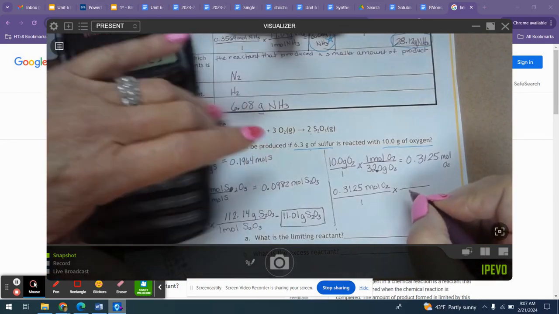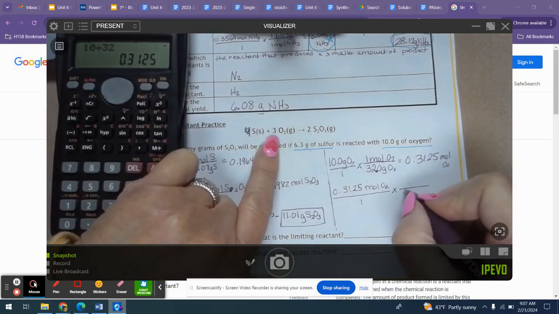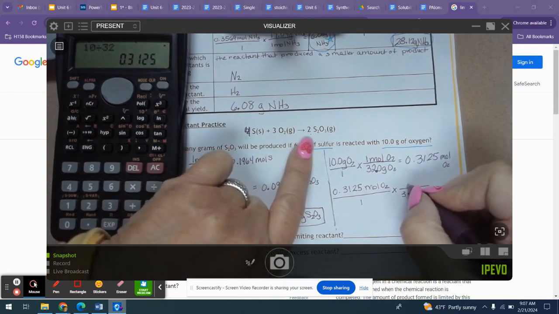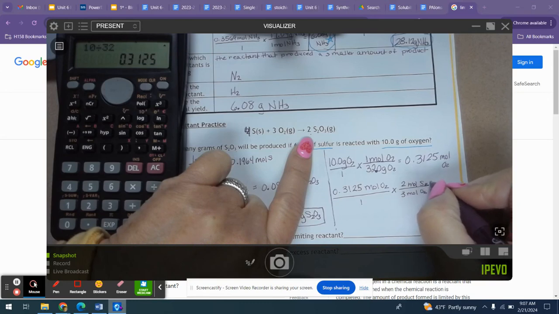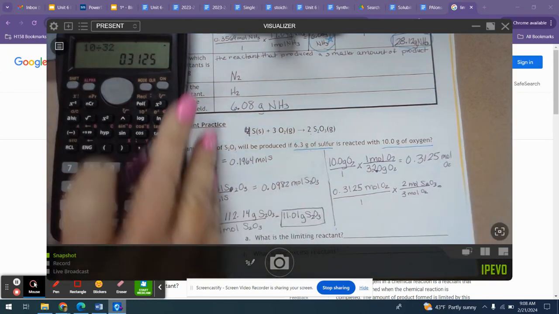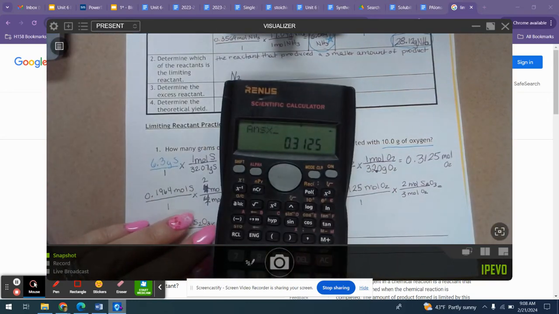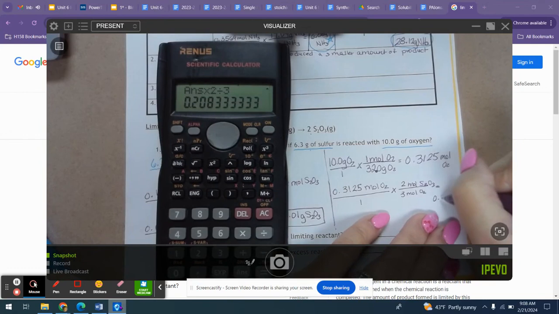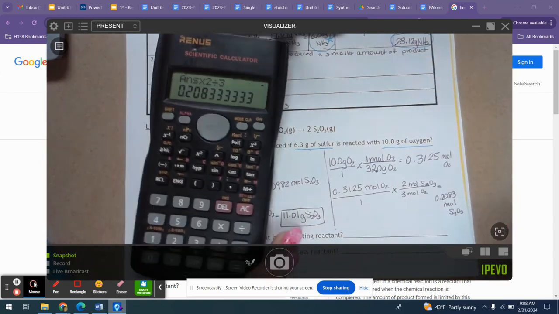So let's look at our balanced equation. For every 3 moles of O2, 2 moles of S2O3 are produced. So I'm going to do times 2 divided by 3, which is 0.2083, and that's moles of S2O3. One more step: we've got to now convert to grams.